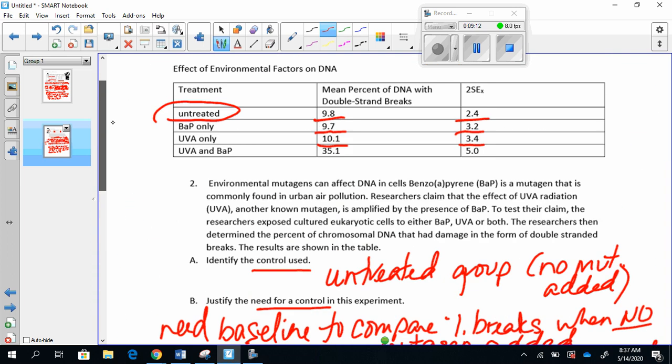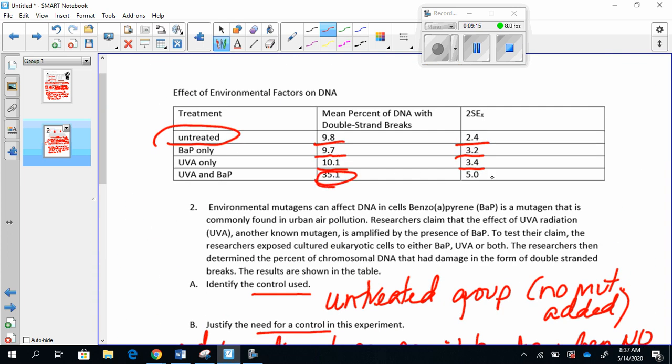All right, now when you use both, 35.1 plus or minus 5.